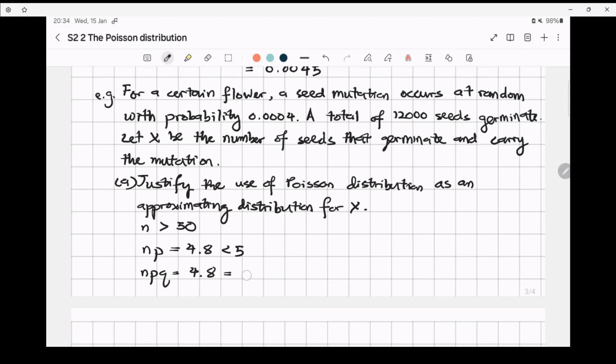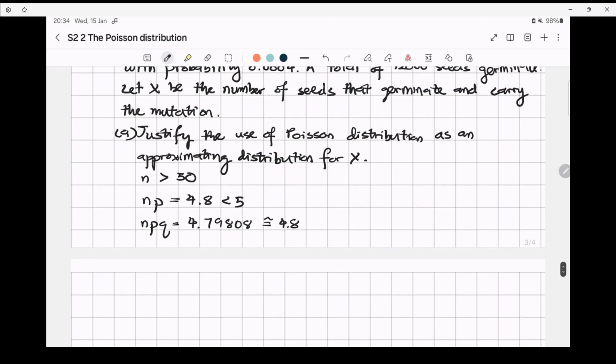I mean, this is technically speaking not 4.8, it is 4.79808, but it's very close to 4.8, which is your np. So these three factors tell you that you can use Poisson distribution to approximate the original binomial distribution.